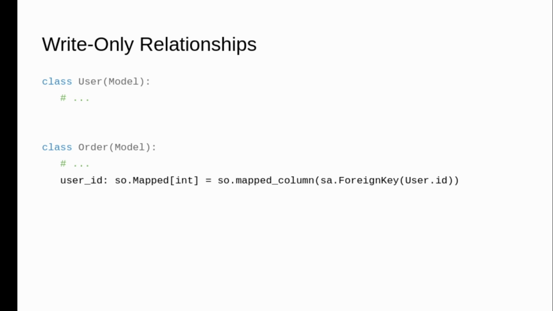So write-only relationships fulfill this need of having a relationship that you need to modify, you need to add or remove elements from it, but you don't want to load it every time, and you are not interested, or may not be interested, in the whole relationship, the entire list.